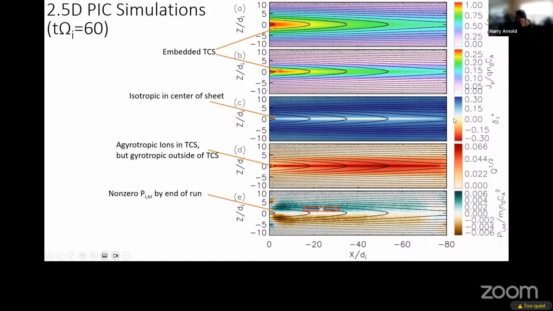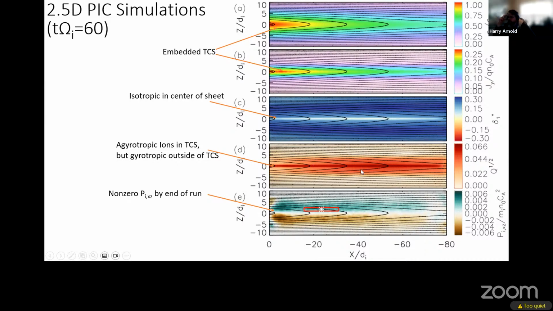This is the local ion anisotropy. So in the dead center of the current sheet, we're anisotropic, but as you go upstream, we get this anisotropy, which in this case, I think is about 0.2 in the asymptotic limit. But we are agyrotropic in the current sheet, and this is actually an important role.